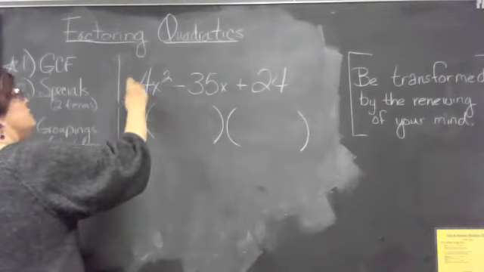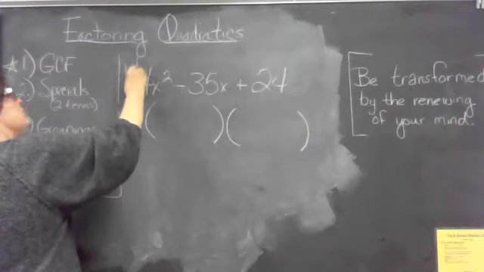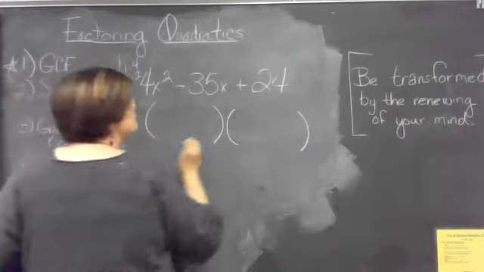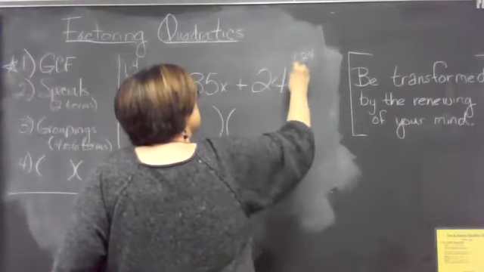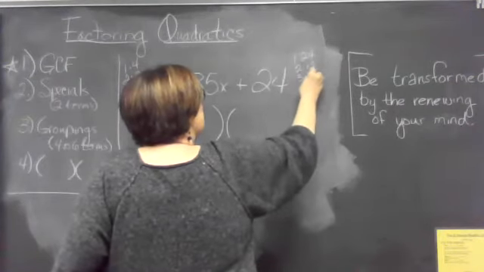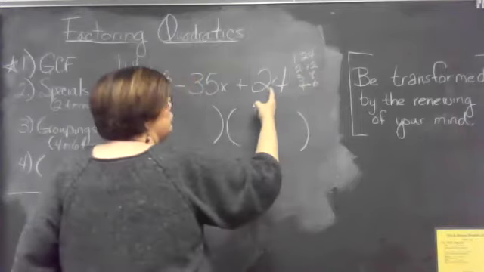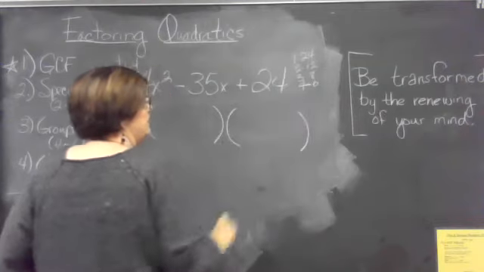So I need the factors here. 1 times 4, 2 times 2. So I'm going to have to use one of those sets in the front. This is 1 times 24, 2 times 12, 3 times 8, 4 times 6, 5 won't go, and then there's 6. So this is all of them.